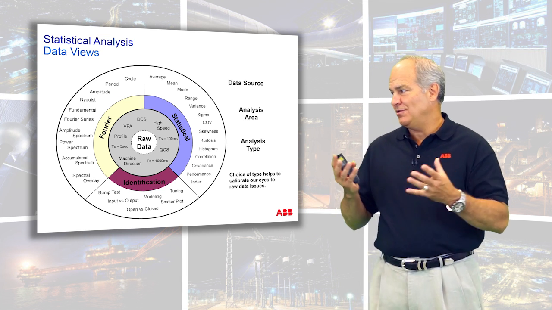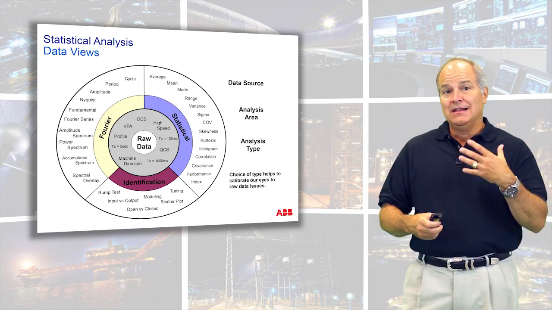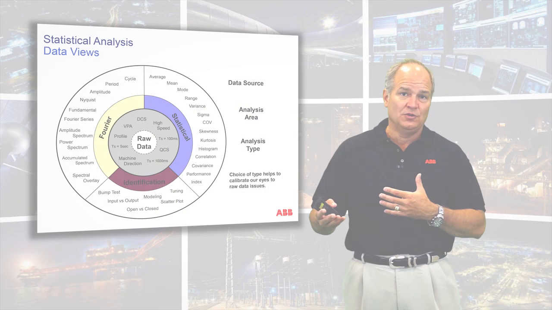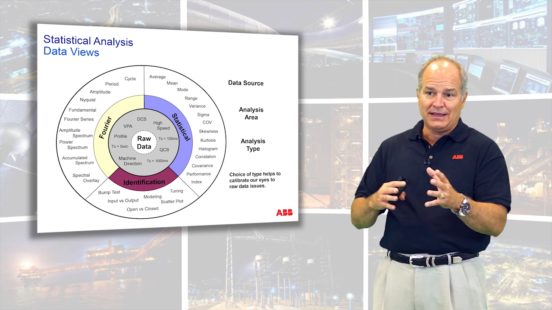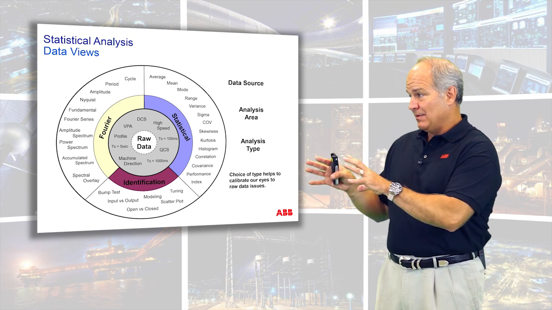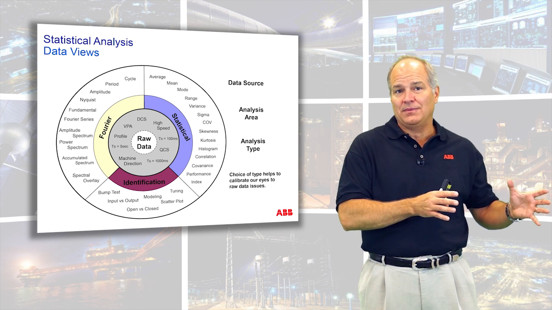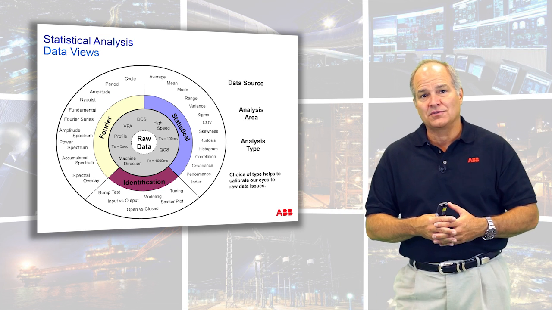And then we get into identification, which is bump test. If you went through the process tuning, we covered that. But there's also cross correlations and inner loop causality, and that would be for a plant-wide disturbance analysis. But most of that particular discussion deals with tuning, and that would have been in one of the other videos on single loop control methods.